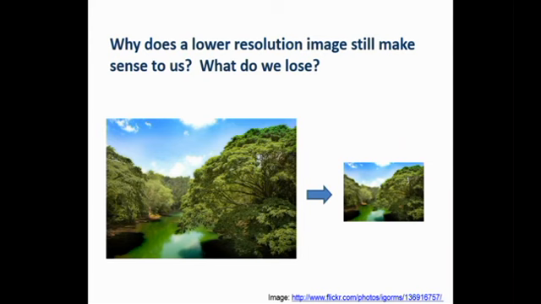But if you were to shrink an audio file just by rescaling it, it would change your interpretation quite dramatically, getting really high-pitched. So why is it that we can shrink the image and still have it maintain most of the content? And what is it that we actually lose when we shrink the image?